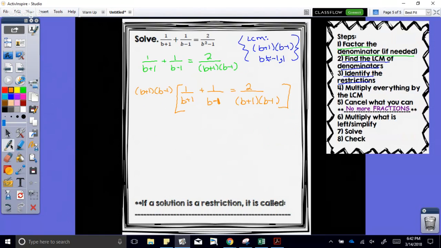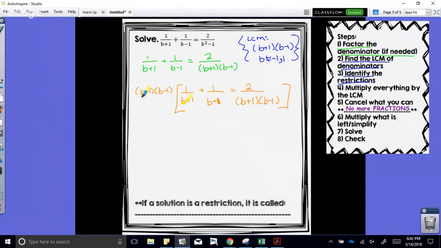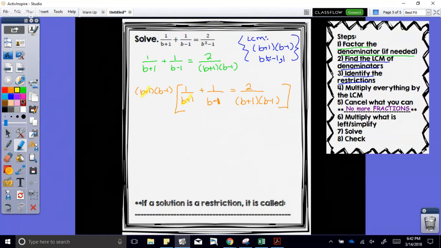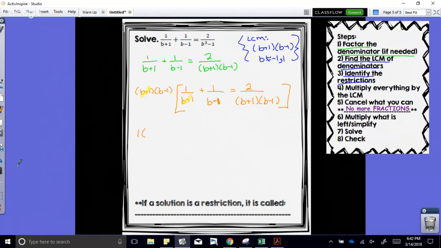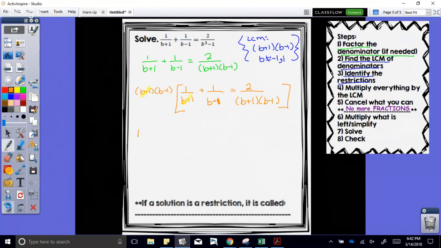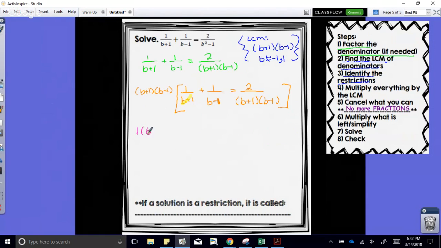If we look, the first time we do this, the first term, the b plus 1s will cancel, and I'm left with a 1 times the b minus 1.